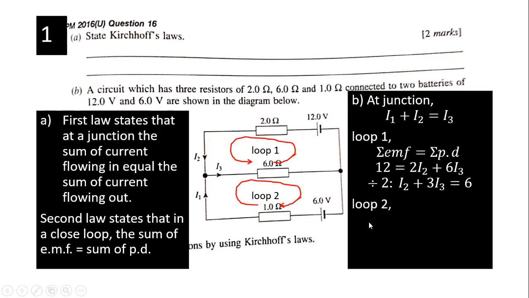6 equals I1 plus 6I3. In this loop, you have I1 times 1 is I1, then 6 times I3.